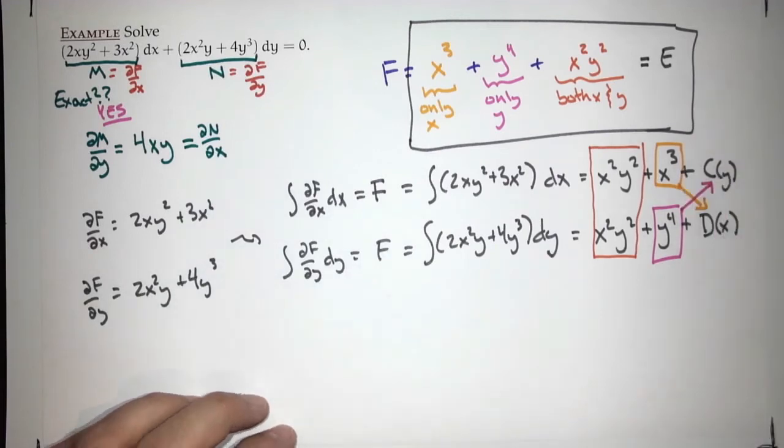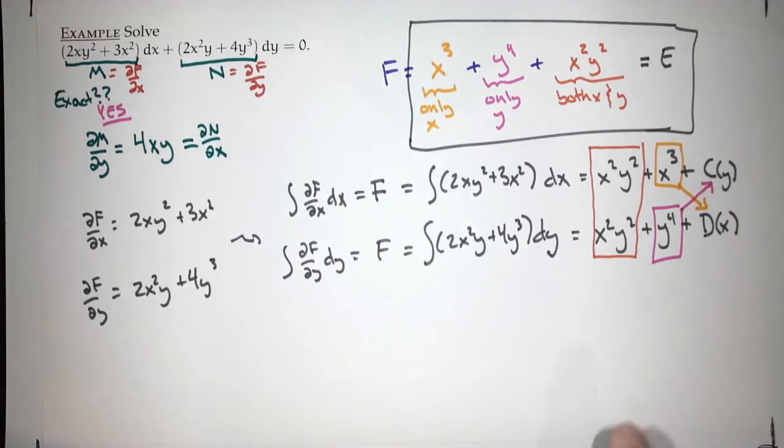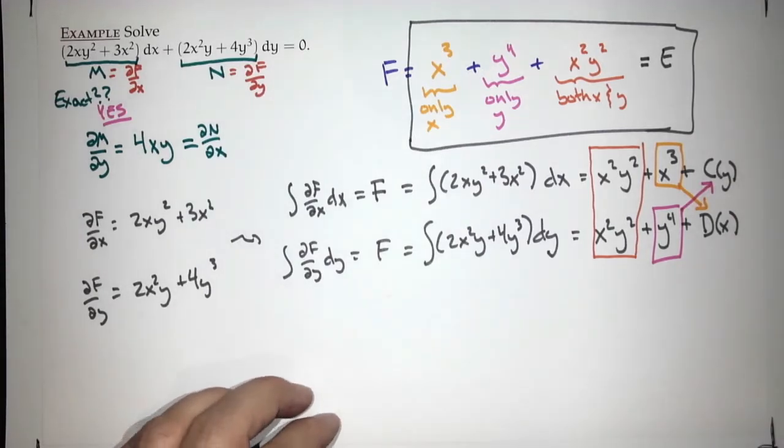We can see what's going on. So you're not saying that d of x is x cubed. You're just saying that x cubed is part of d of x. I am saying that d of x is x cubed plus a constant. Yeah. And that's what it'll turn out to be. And c of y is y to the fourth plus a constant.